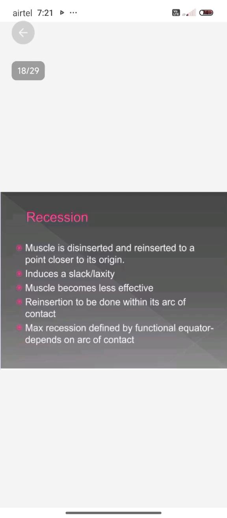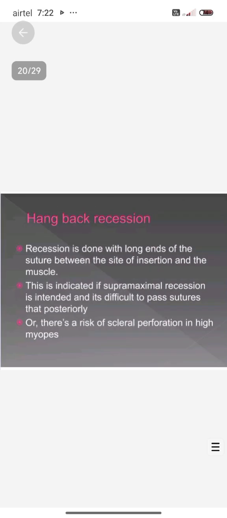Reinsertion is done with an arc of contact. Maximum recession is defined by the functional quarter and depends on the arc of contact. Maximum recession of MR is 6 mm, LR is 8 mm in adults. In children, MR is 5.5 mm, lateral rectus is 7 mm. Minimum MR is 3 mm, lateral is 4 mm.